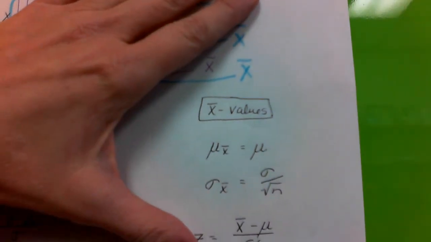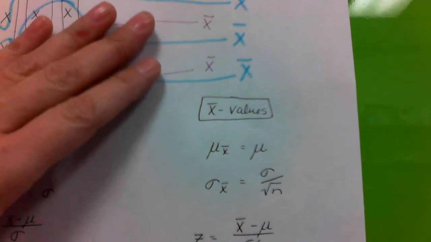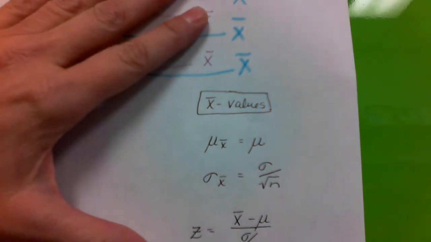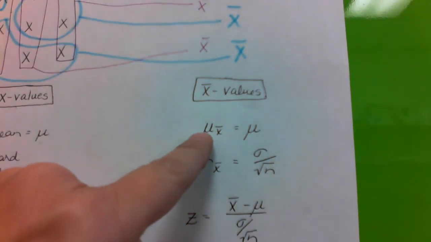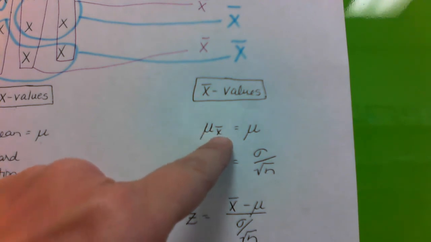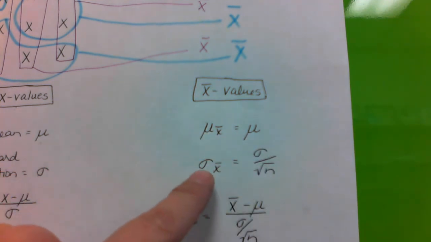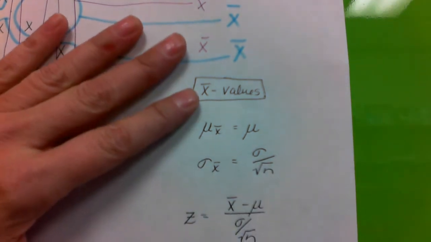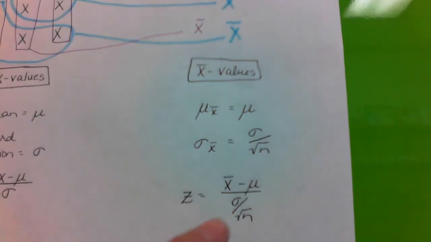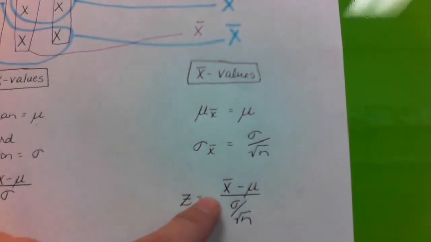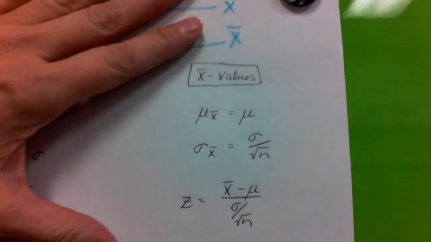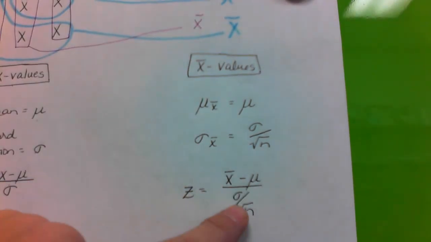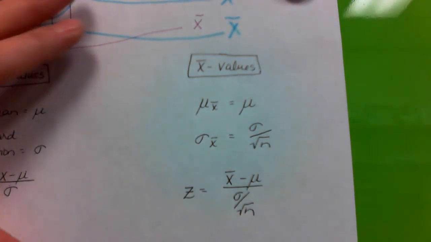Now, what we'll get into in 6.5 is we'll actually apply this information, but the mean or the average of the x bars is equivalent to mu. The standard deviation of the x bars is equivalent to the standard deviation divided by the square root of n. And then notice the z value now changes because we have x bar minus mu divided by sigma divided by the square root of n.